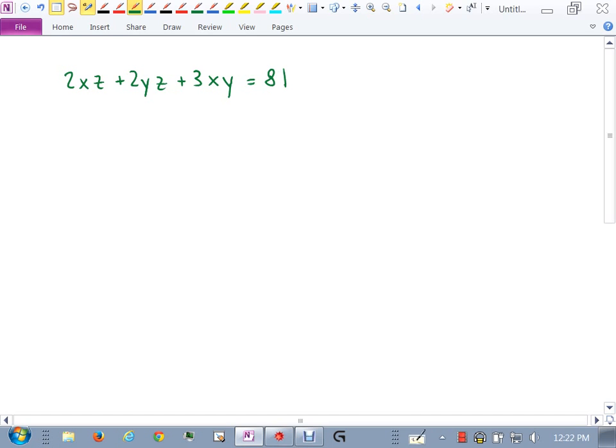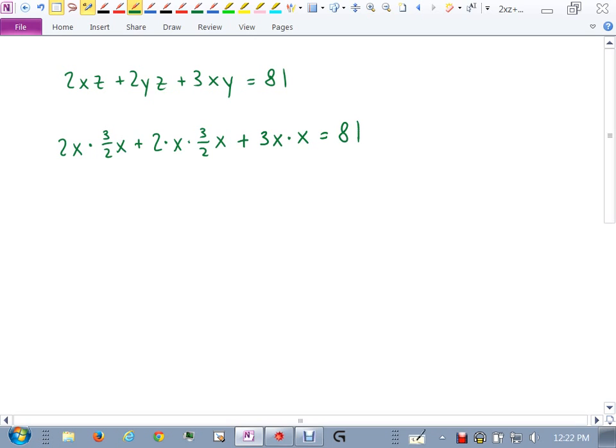Okay, now I'm going to leave my x's alone, replace every z with 3/2 x, every y with x. Was it 3/2? Yeah, I fixed it. I had made a big mistake. Plus 3x times x equals 81.